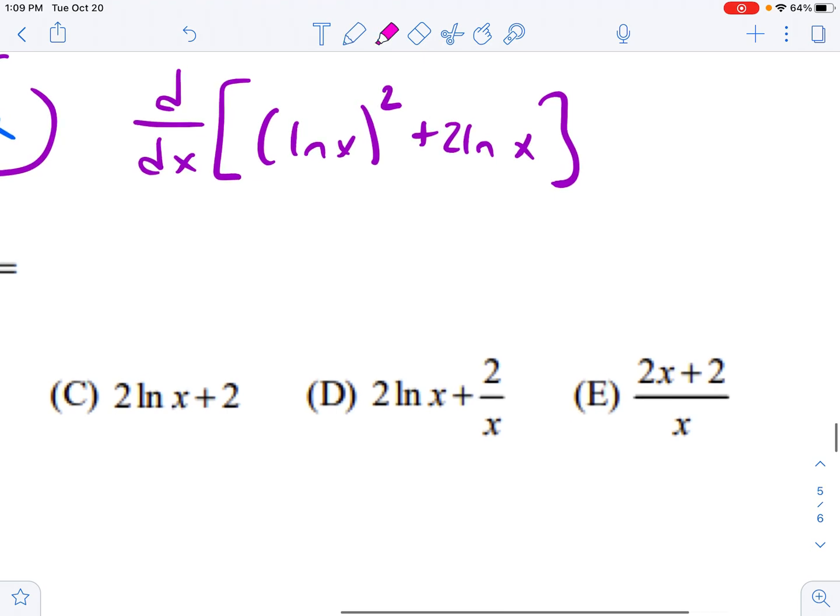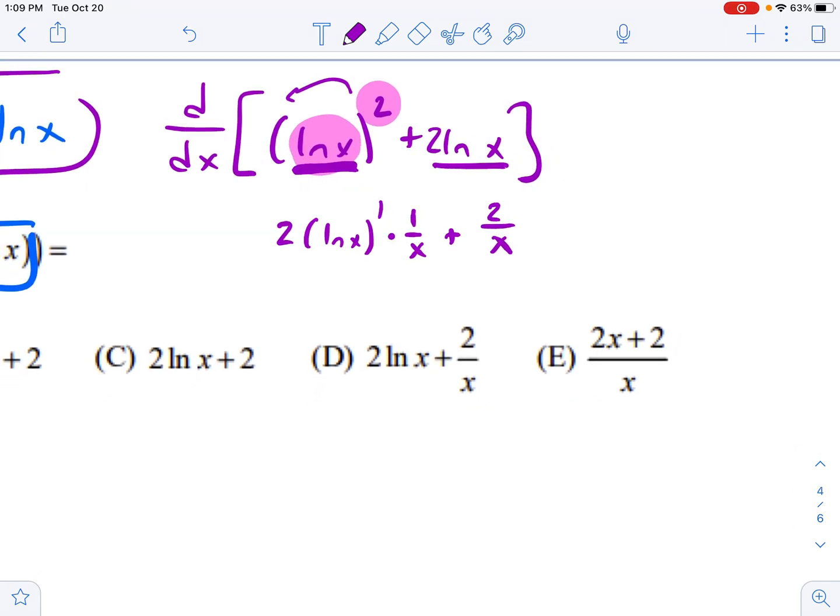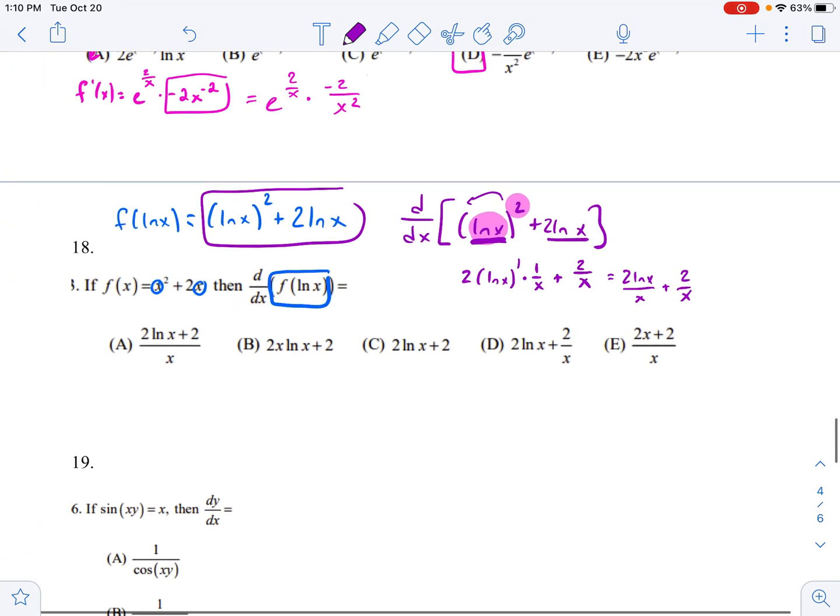Okay, so I want the derivative of this. Well, look, we have a quantity raised to a power. That's going to be the chain rule. Bring down the 2, leave the inside alone, subtract 1 from your power, times the derivative of the inner function. The derivative of 2 ln of x is just 2 times 1 over x. So there's our derivative, which I can write like that.